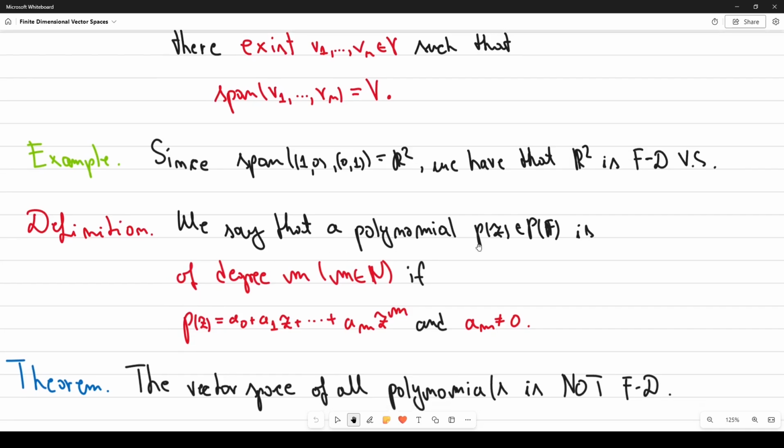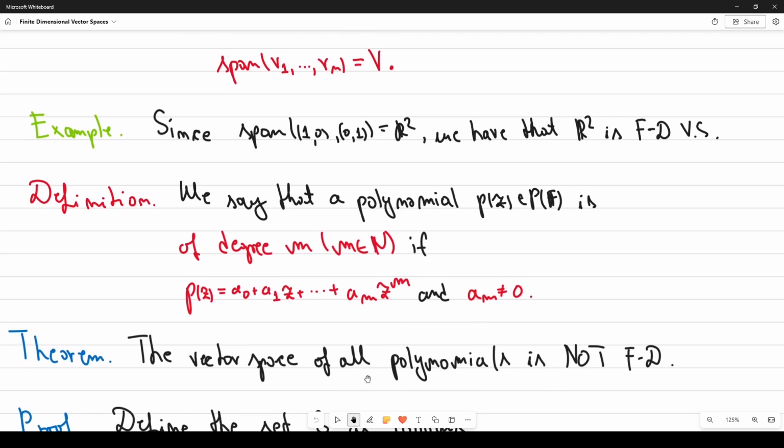So we say that a polynomial p that belongs to the vector space of all polynomials is of degree m, where m is a natural number, so of degree 0, 1, 2, and so on, if it is a polynomial of the following form, all the way to am times z to the mth, where, of course, am has to be different from 0, for if it were equal to 0, then we wouldn't have the mth degree term. So this is the definition of what it means for a polynomial to be of degree m.